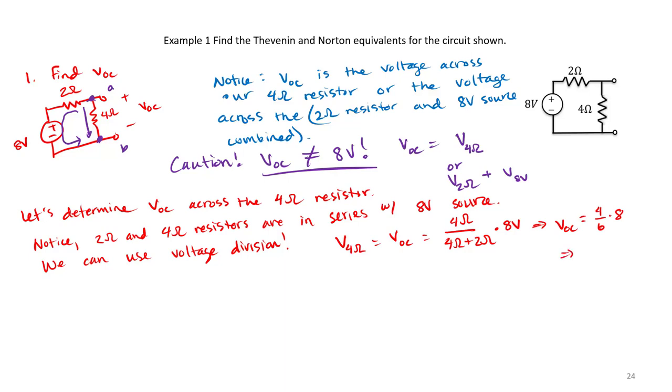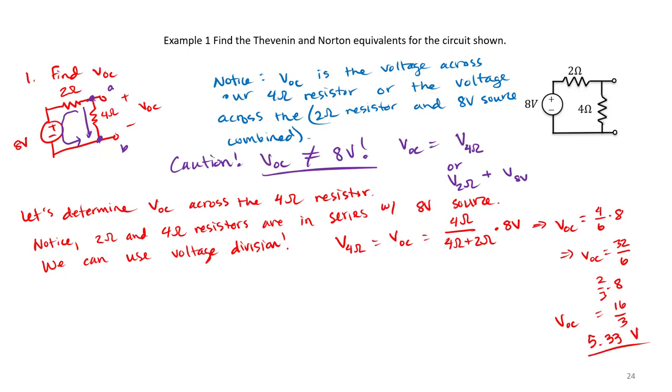So we determine VOC is equal to 32/6, or 16/3, about 5.33 volts.